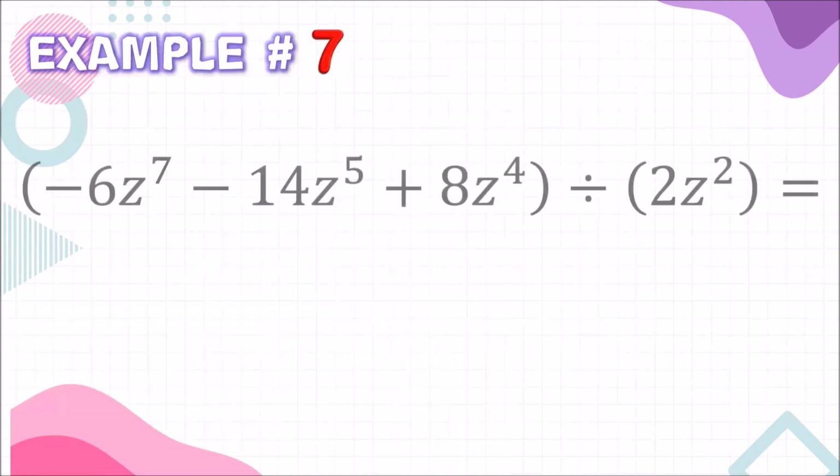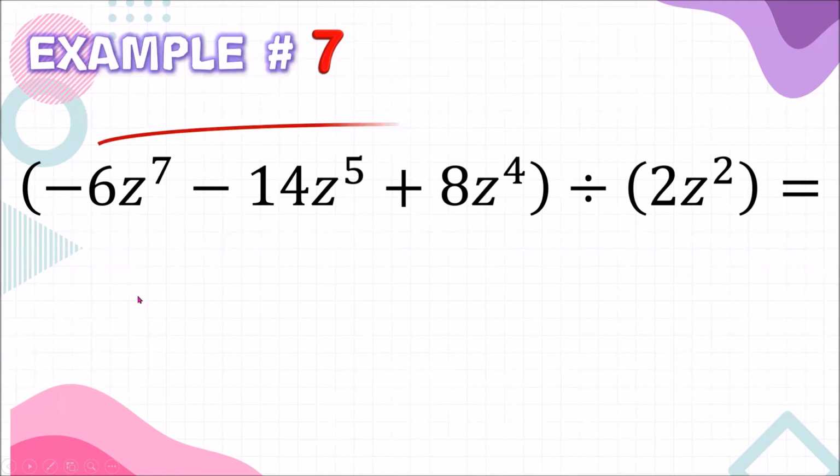Next, example number 7. We have negative 6z raised to 7 minus 14z raised to 5 plus 8z raised to 4 divided by 2z squared. So negative 6 divided by positive 2, so we have negative 3. 7 minus 2, we have z to the 5th.